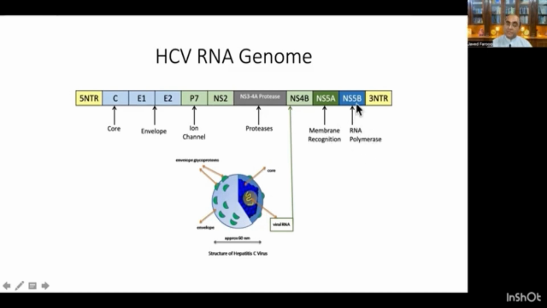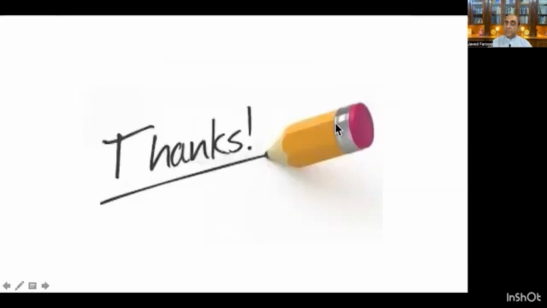So these are the different components of the genome. As I said before, the genome has 2 ends, the 5 non-translated region and the 3 non-translated region, and in between is the translated region, which translates for 3 structural proteins and the other non-structural proteins. These are the structural proteins, these are their actions, and these are the non-structural proteins.